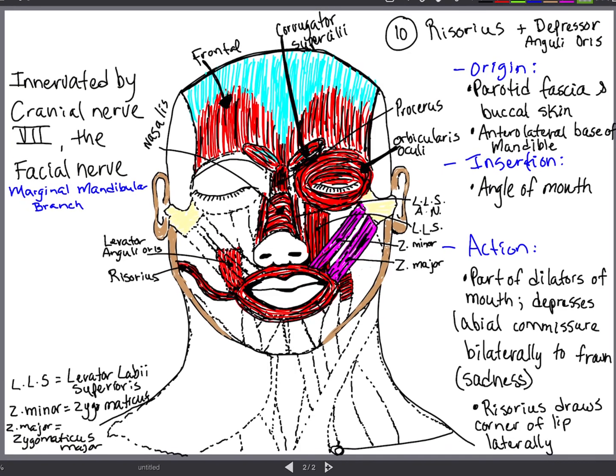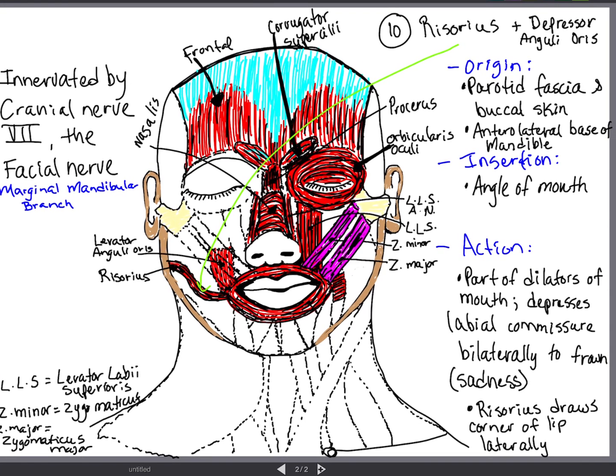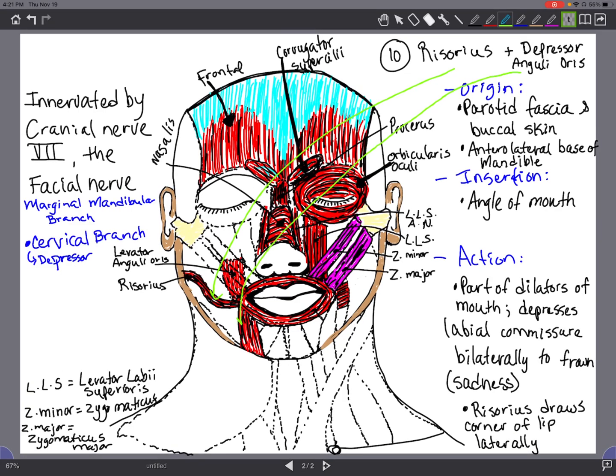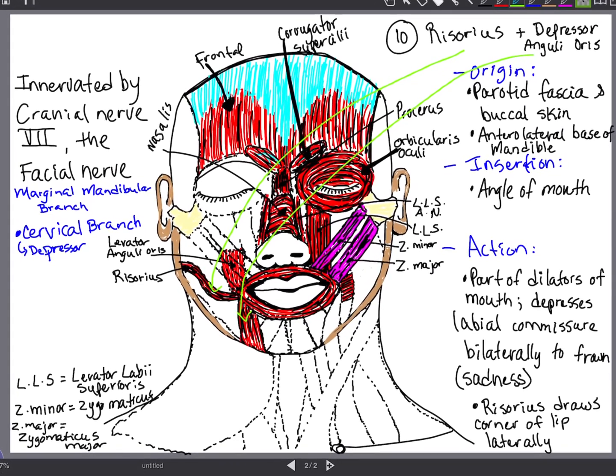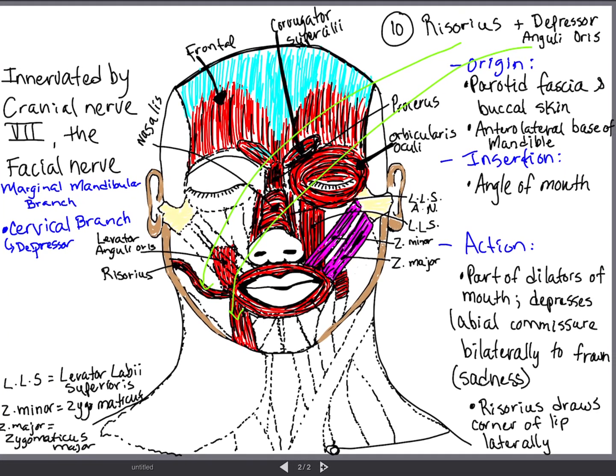Risorius is this muscle right here, and the depressor anguli oris is this one right here. These two muscles have an origin on the parotid fascia and platysma skin. This is mostly the risorius, and the depressor anguli oris has an origin on the anterolateral base of the mandible.